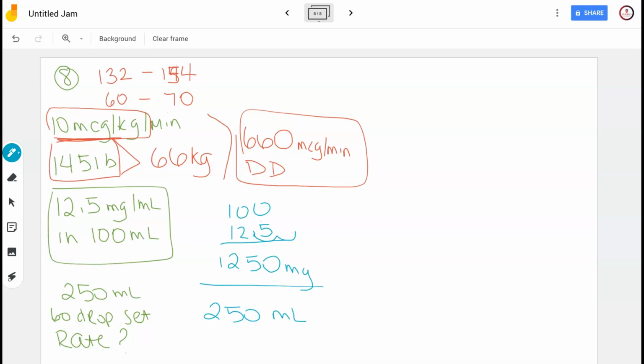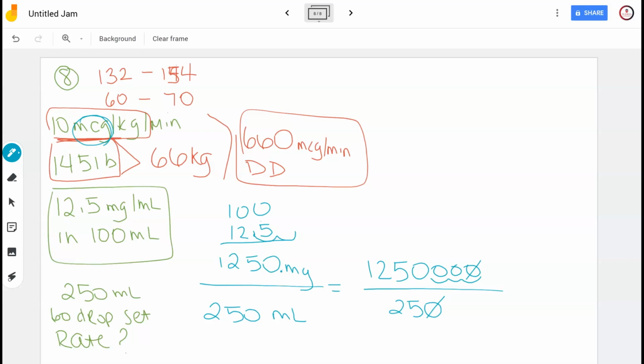So you want this in micrograms though. So you have to move this decimal point over 3 more. So this becomes 1,250,000 in 250 milliliters. Simplify.